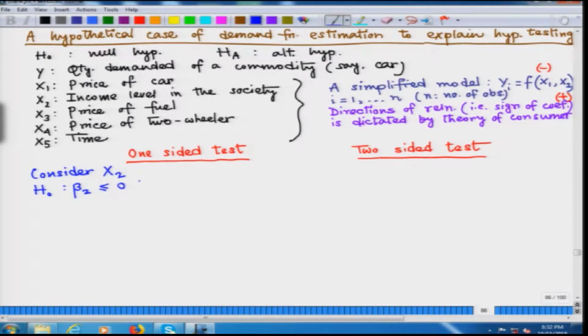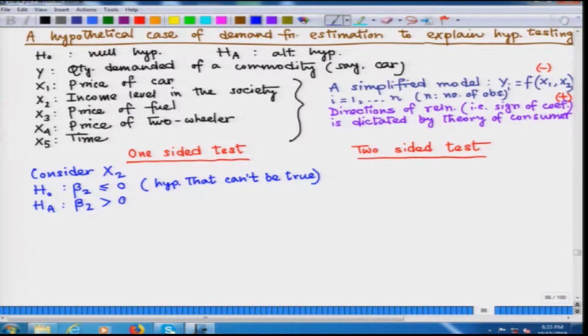So, this is basically something that cannot be true, or the researcher does not believe, right. Okay. So, what could be the alternative hypothesis then? It should be exactly the opposite, and then in that case we write beta 2 is positive, right. So, that is basically the alternative hypothesis.